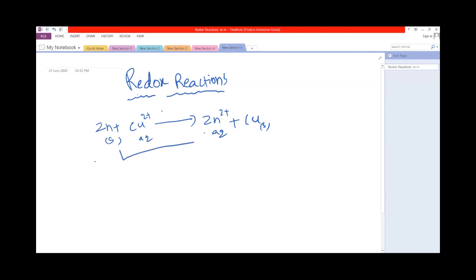This is oxidation, loss of electrons. Already you know this one. And gaining of electrons, that we call reduction. Check it. Any doubt?